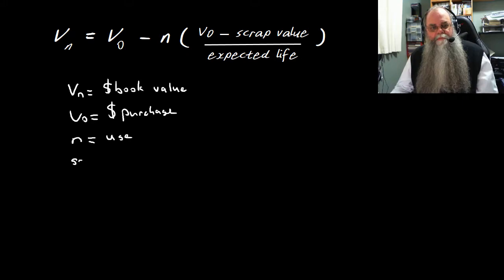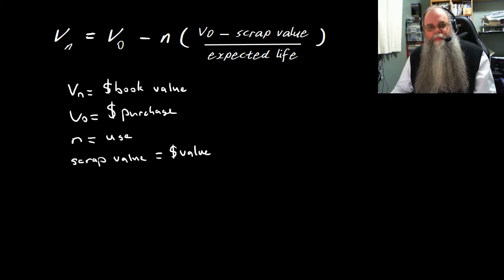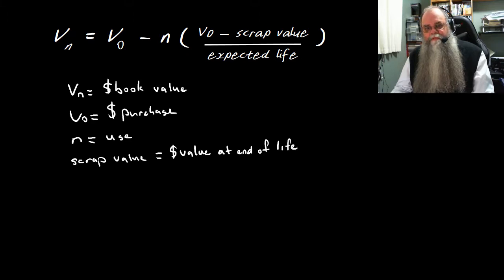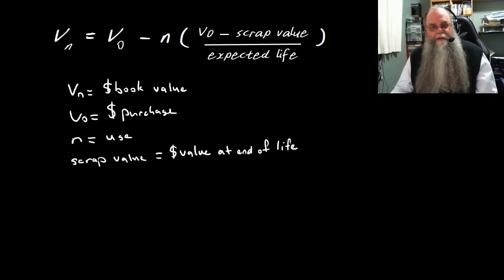The scrap value is how much it's worth, so its value at end of life. And it could be zero, it may not be worth anything at the end of its life, but it may have a small value.